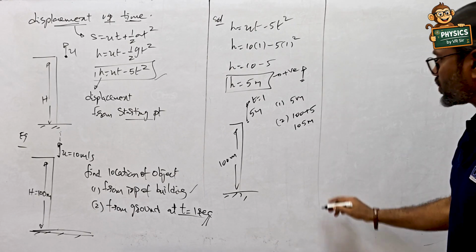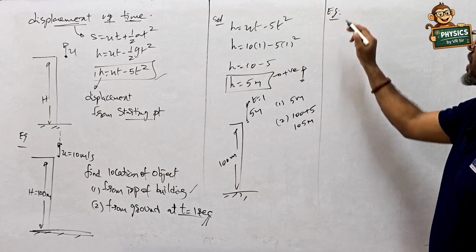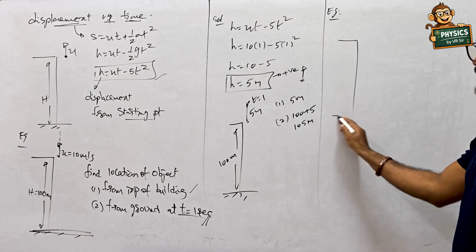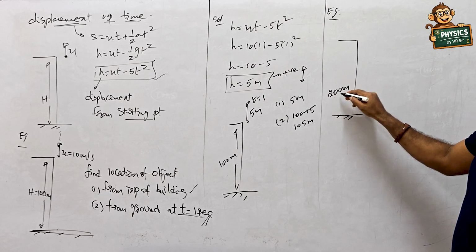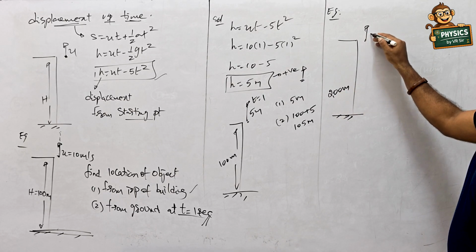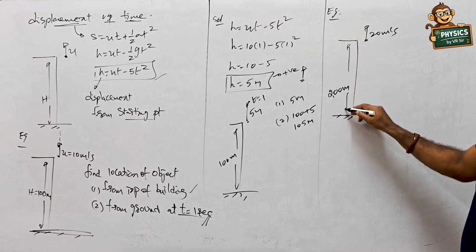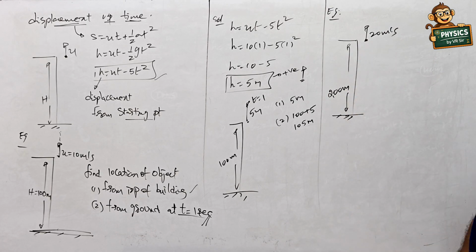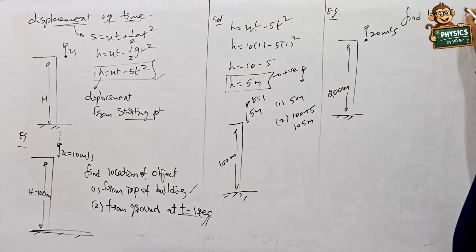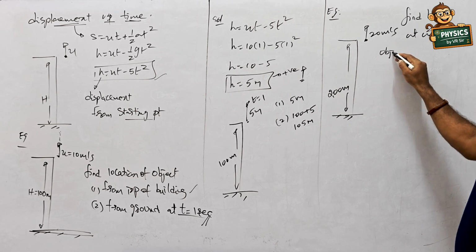Now, let's do one more problem to get more clarity. Now here it's 200 meters. The object is thrown up with 20 meters per second. Height of the building is 200 meters. They are asking, find height at which object is present.